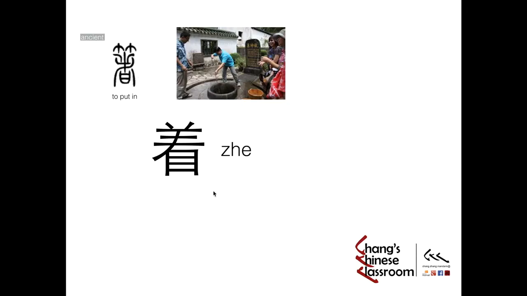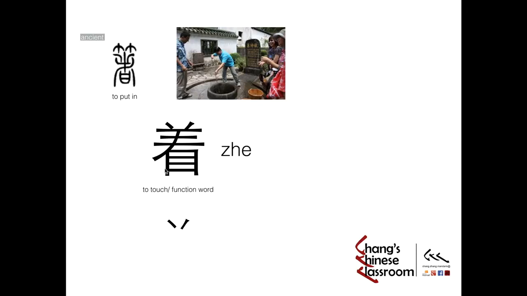The modern Chinese character involved the meaning to put in, to touch, and later on lost the concrete meaning to become a function word, containing the meaning of to touch and next to.